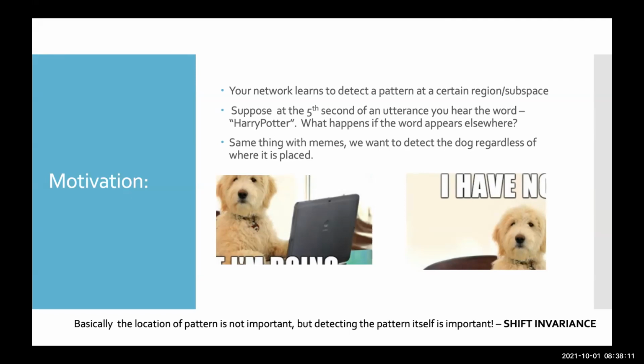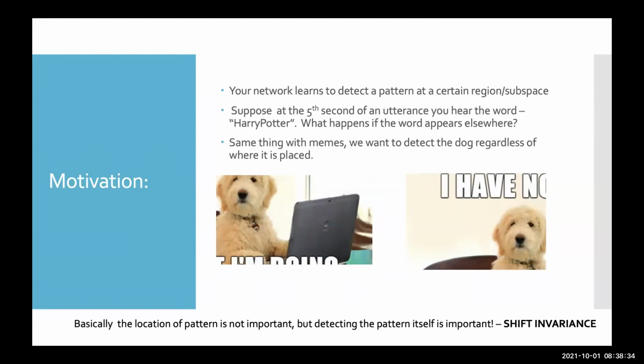So for example, if we're looking for the words Harry Potter in an utterance, suppose it comes in the 5th second of an utterance, but in another utterance, it might come in the 10th second, or it might come in the 2nd second. So what happens if the word appears somewhere else? The same goes with images, right?